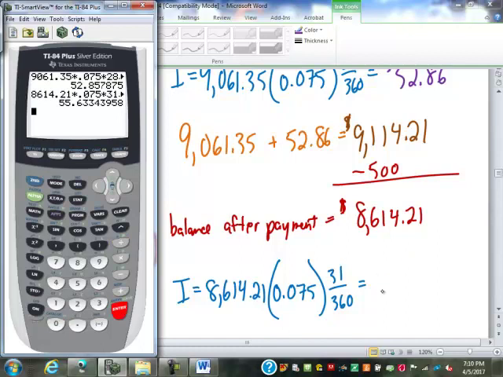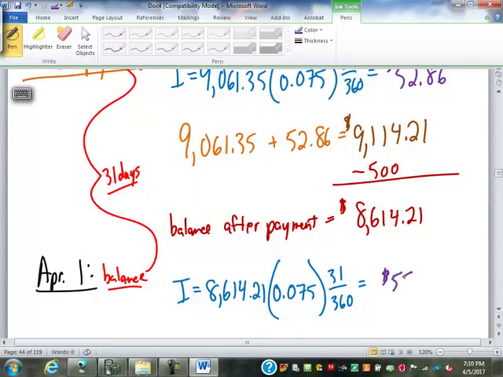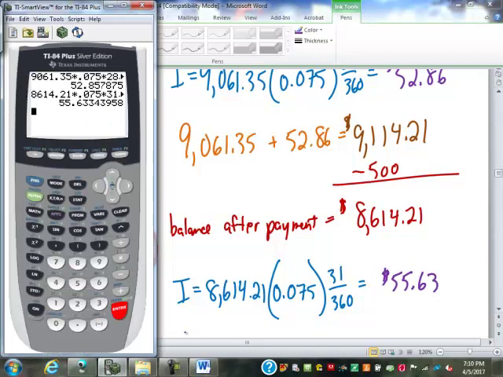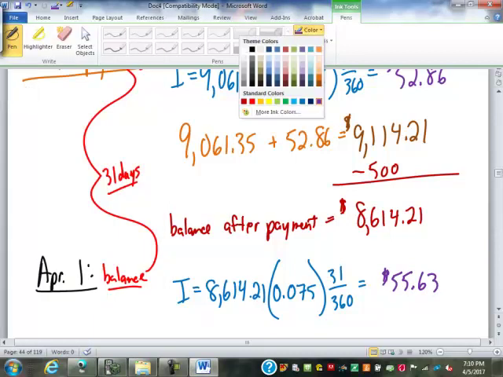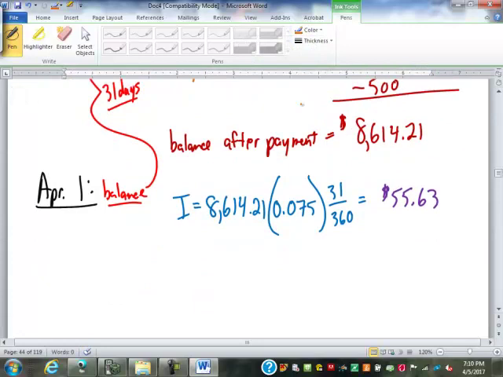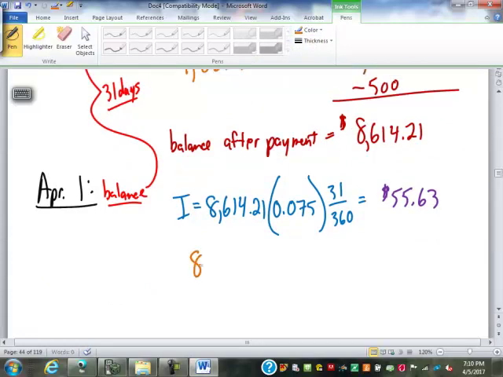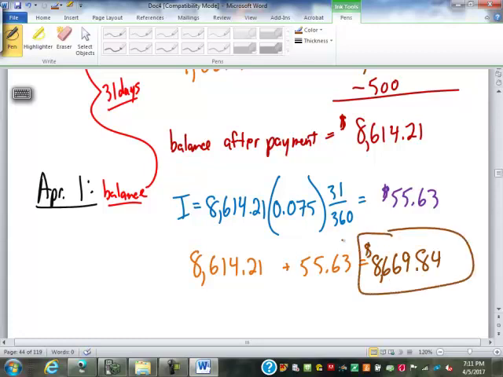So $55.63. The balance before interest is $8,614.21, adding that interest of $55.63 is $8,669.84.